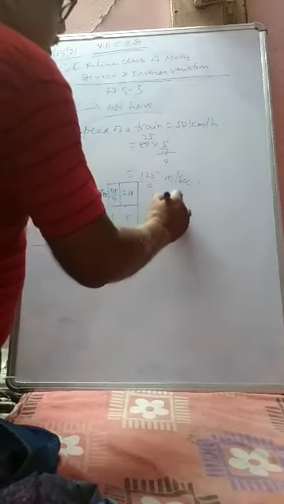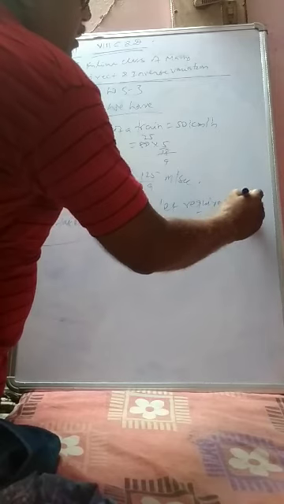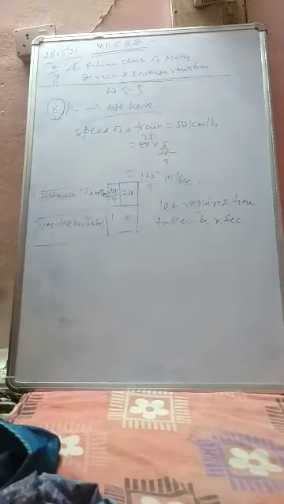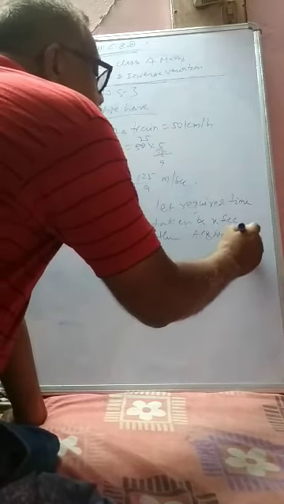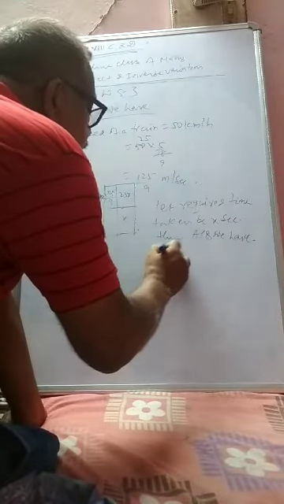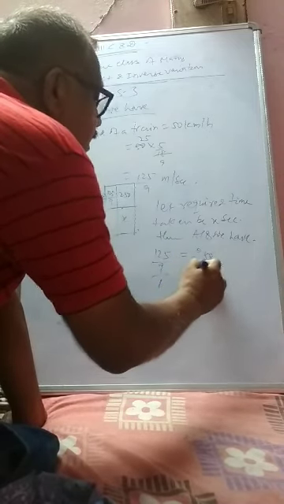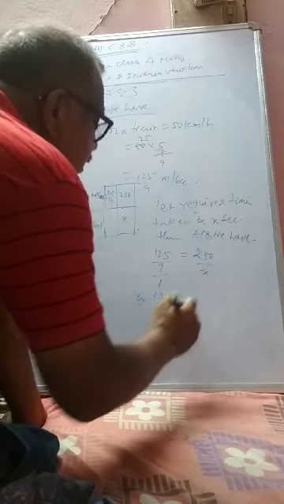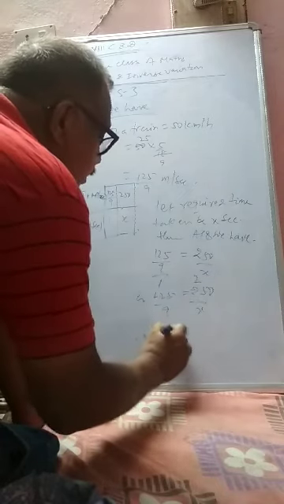Let required time taken be x seconds. Then according to question we have, it is a question of direct variation. 125 by 9 divided by 1 is equal to 250 by x, or 125 by 9 is equal to 250 by x.